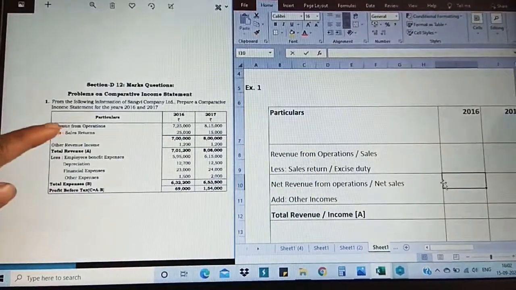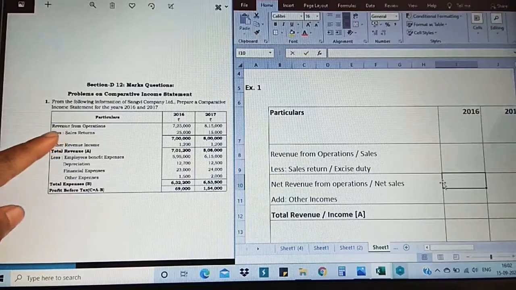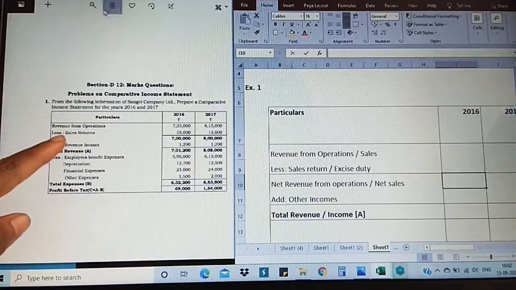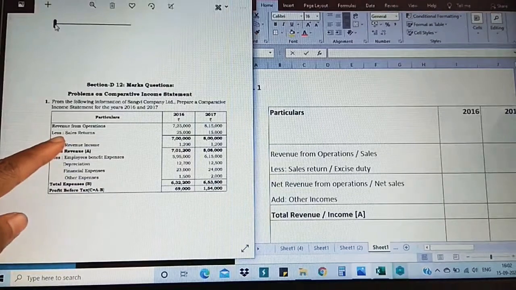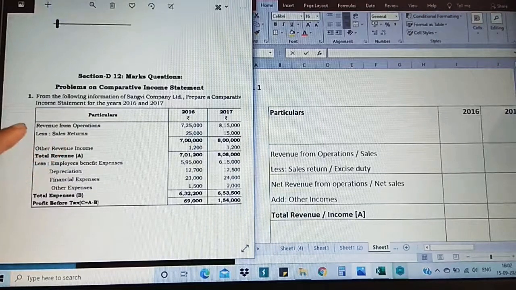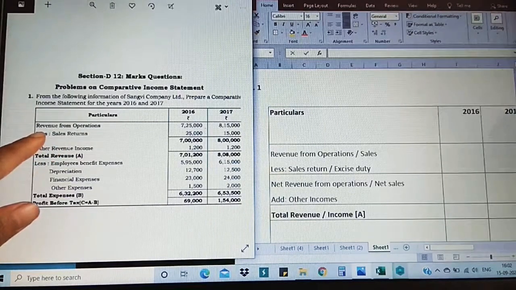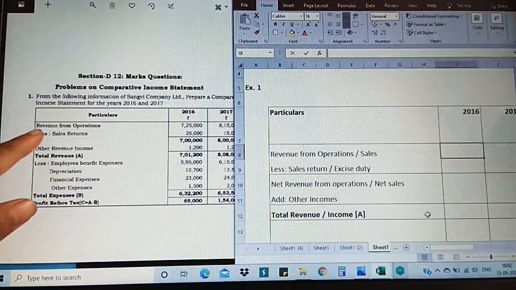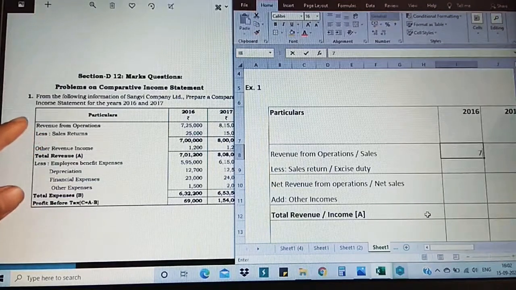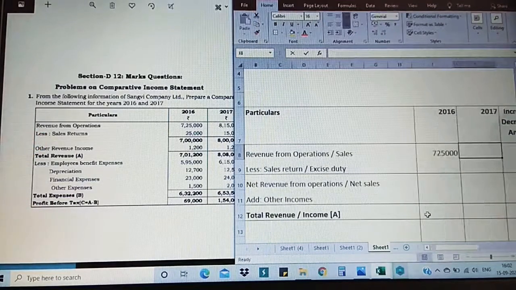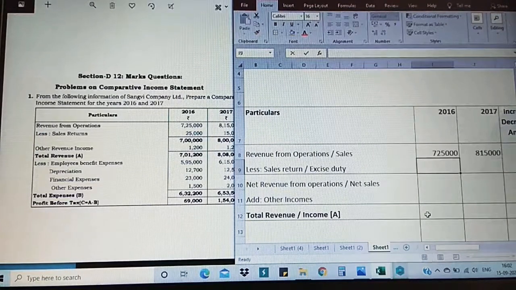First, as per the question here, it's visible, right? Revenue from operation is 7,25,000. So I'm going to take the same. And for the second year, 8,15,000.